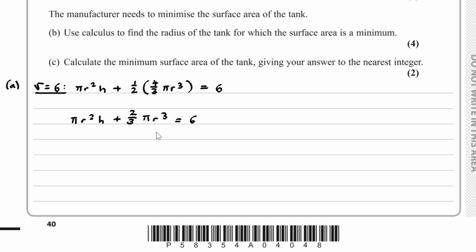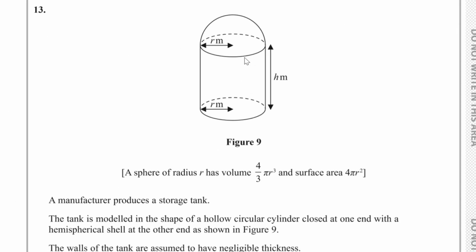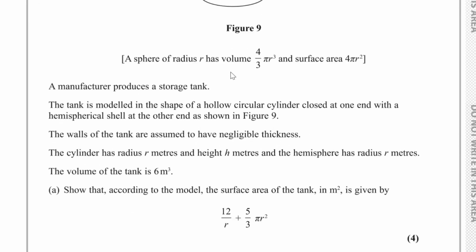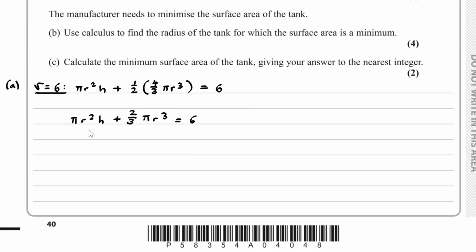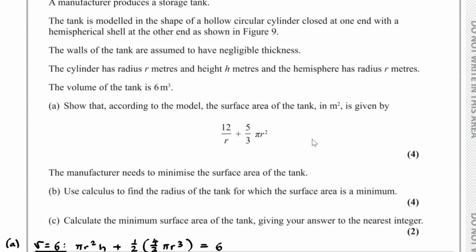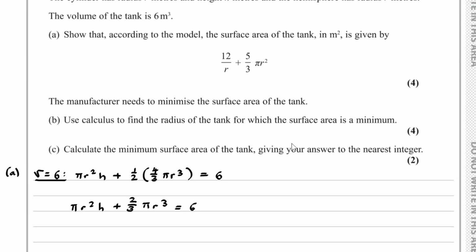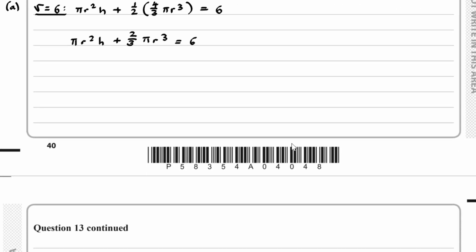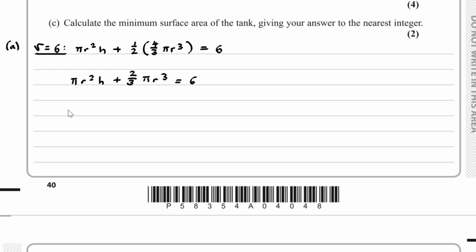And the idea is, if we find an expression for the surface area, we can use what we have over here to simplify the problem. We first of all need to find out what h is. So doing that, we have pi r squared h equals 6 minus 2/3 pi r cubed.